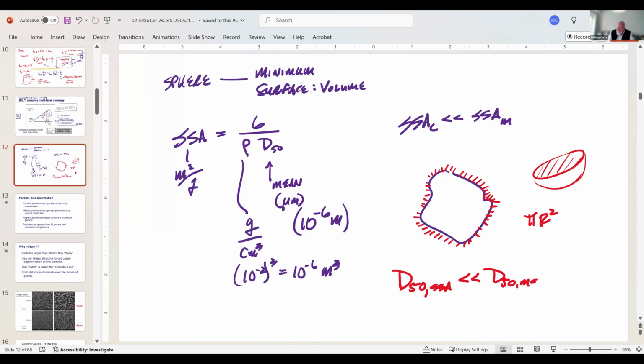Okay. So what does this mean? That means that you cannot predict the surface area from a particle size measurement, nor can you predict the particle size from a surface area measurement. And instruments do this automatically. They will take your particle size data and they'll calculate the surface area. That piece of information is useless. Why? Because they have made an assumption, and that assumption is that your particles are spherical.